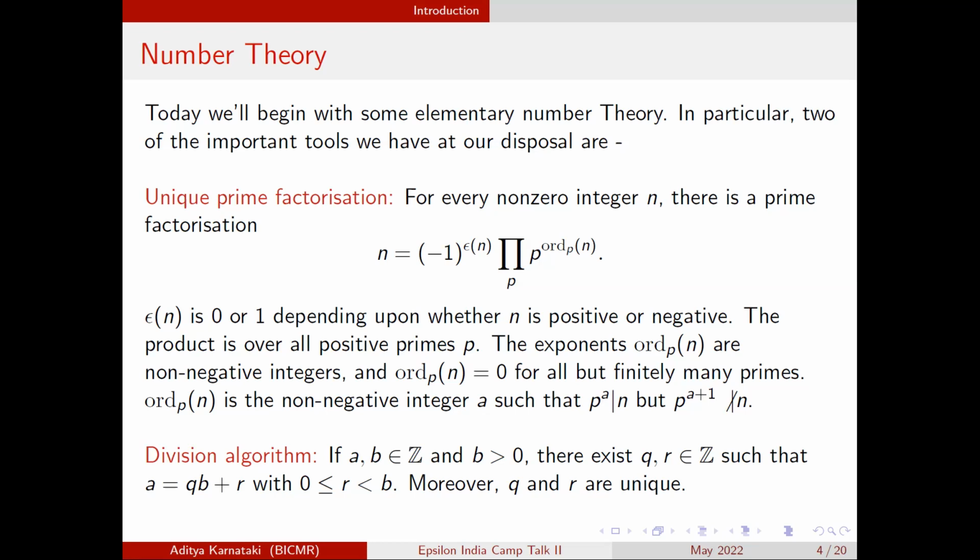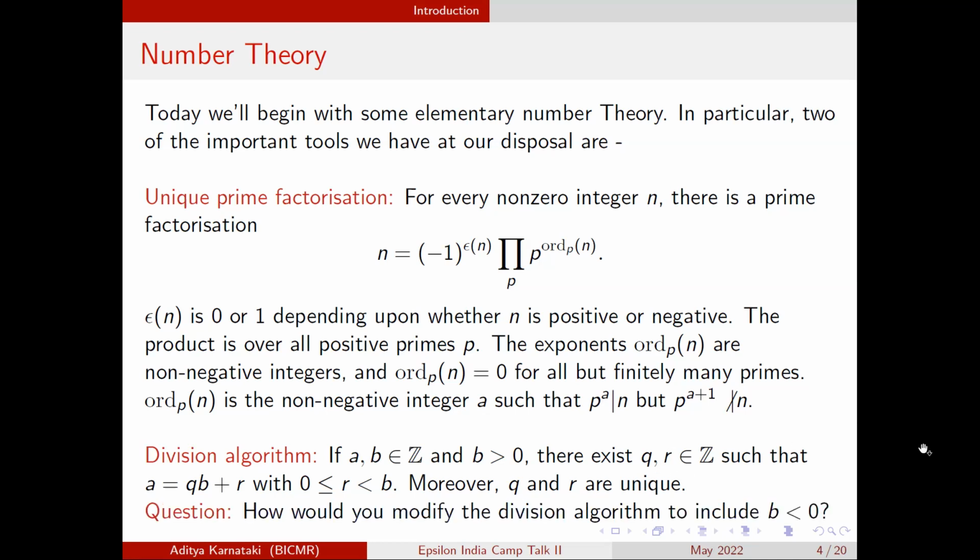So it's between 0 and b. But the most important fact that the division algorithm gives you is that the remainder size is strictly less than b. And moreover, q and r are unique. You can divide a by b in only one way in some sense.